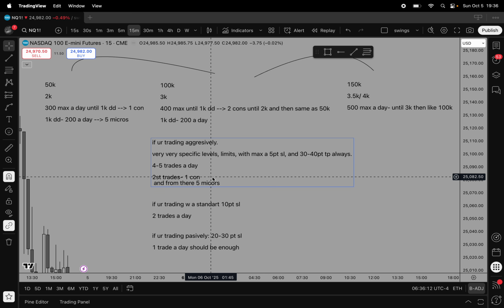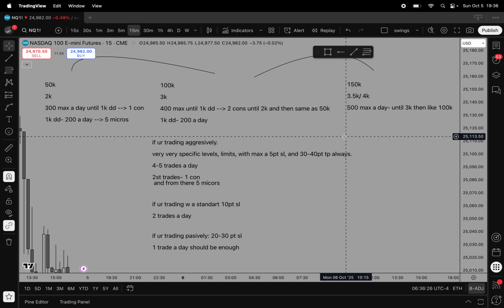So overall, that's what I did. That's what you should adopt instead of thinking, oh, I need one trade a day max. No, you don't need to do that. It depends on your stop loss. The only important thing is your actual risk on the market, and whether you're crashing out. It doesn't really matter whether you're trading one time or 15. As long as you're risking the exact same, it doesn't matter.